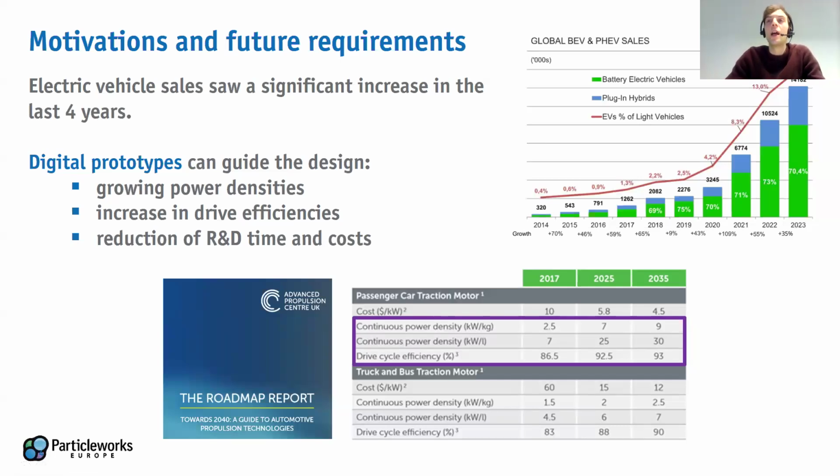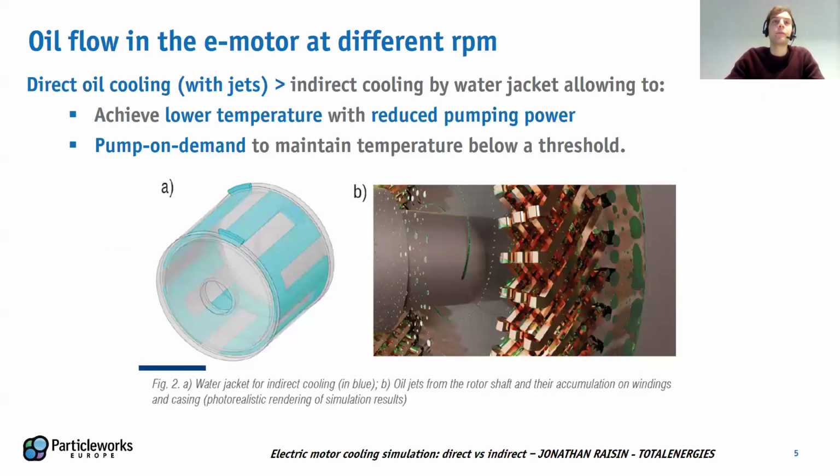Electric motors were first introduced and are used basically in industrial settings where the power densities are not so high, because if I put an electric motor in an industrial setting, I don't care too much about weight. But as soon as I put the electric motor on a vehicle, of course, weight and power density become important. And because of that, also cooling becomes important.